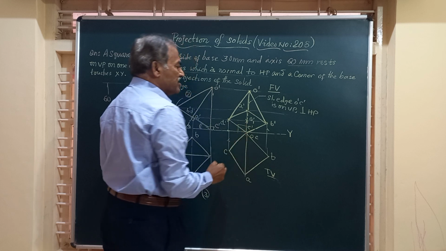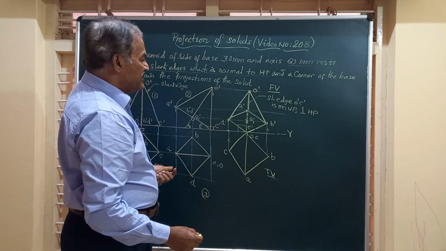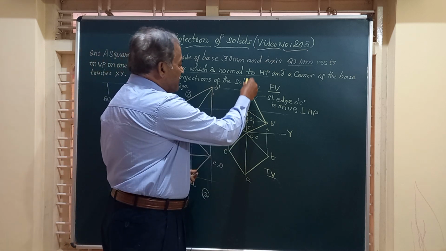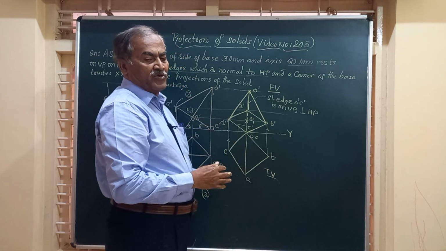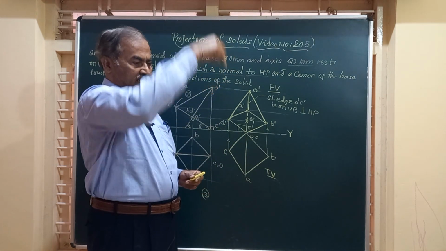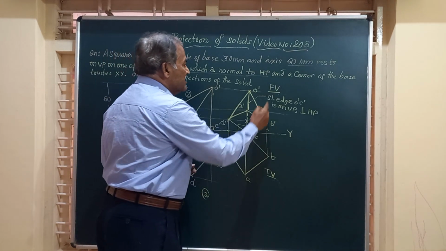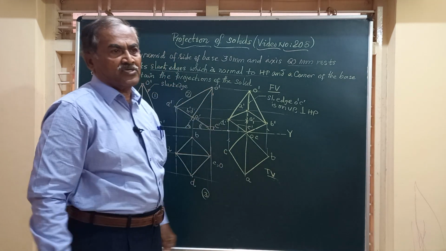See, this is perpendicular to XY, perpendicular to HP. And friends, from all this you can observe this is perpendicular to HP because it is seen as a point in the top view. So whenever you have a vertical line, it is seen as a point in the top view, and hence this will give the complete solution for the given question.